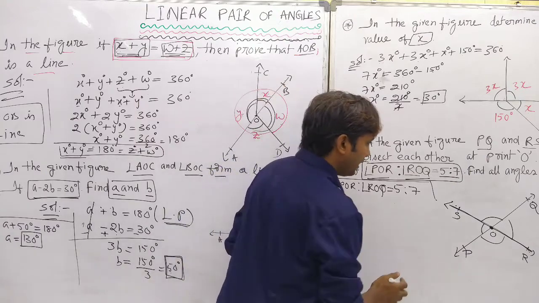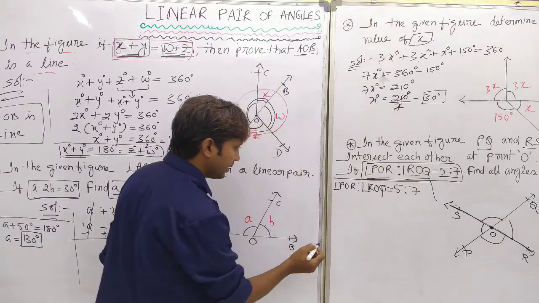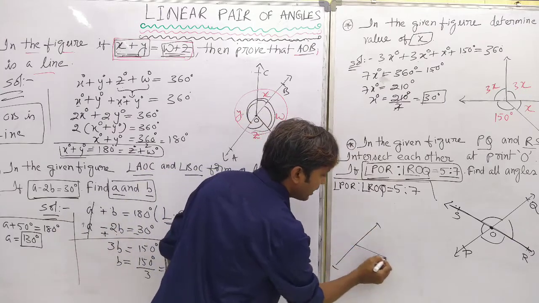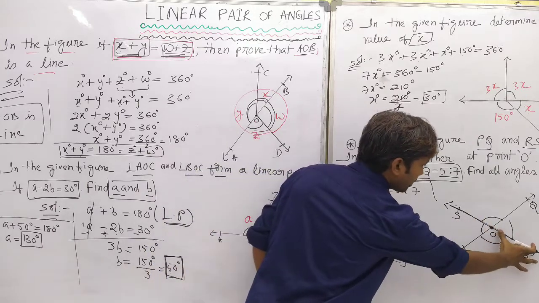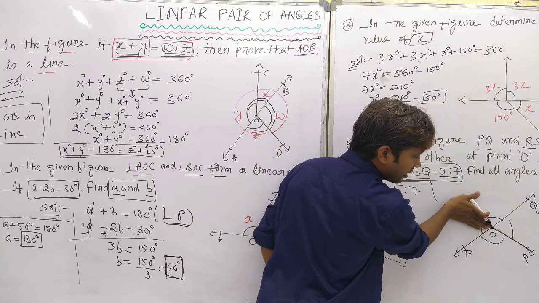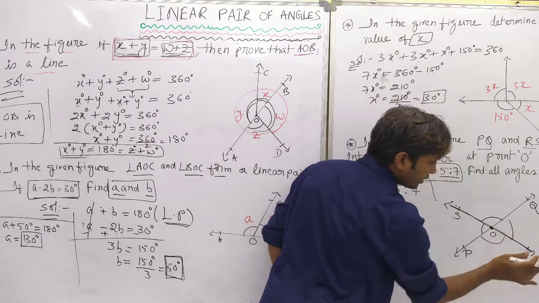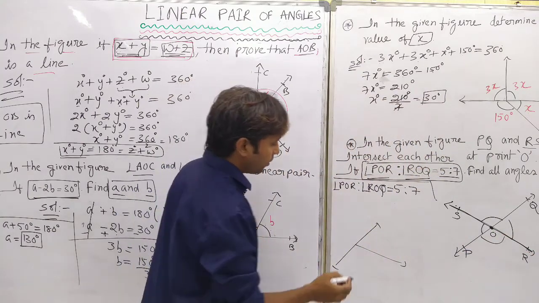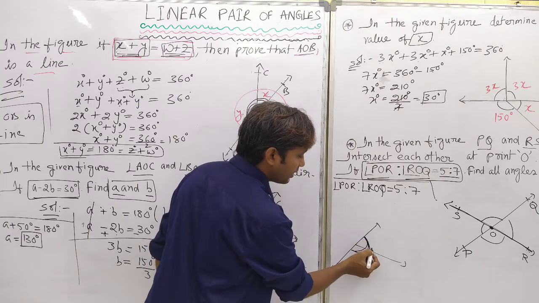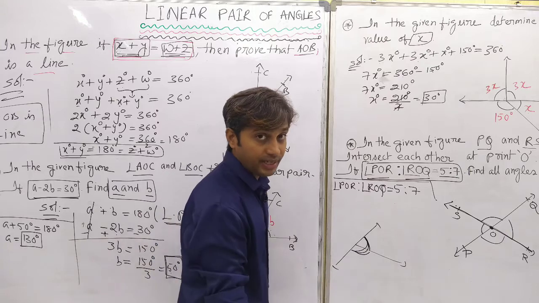Now tell me, since we said that, see here, it's a straight line. Okay, now it's another ray. Consider this part only, not OS. Just for some instant of time, just neglect this, and OR is only considerable. Now, if it's a straight line, is it a linear pair or not? This angle and this angle will be a linear pair.